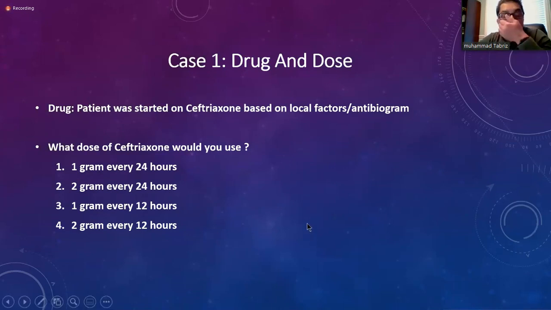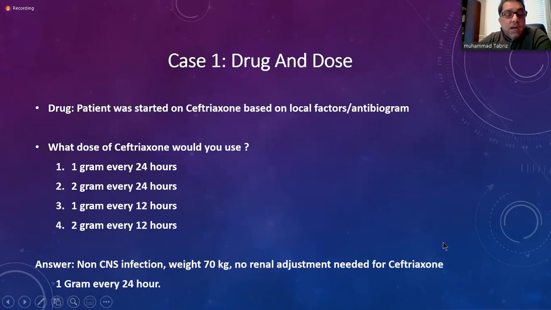So the answer is 1 gram every 24 hours, because as we mentioned last session, ceftriaxone's half-life is about 8 hours, right? If you give one dose every 24 hours, the concentration of ceftriaxone remains high for more than 60% of the time before the next dose, well above the MIC cutoff value for sensitivity.